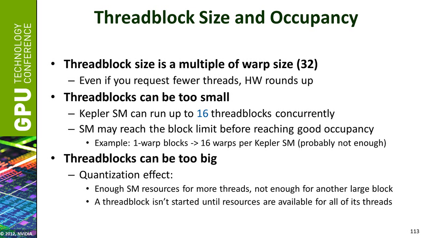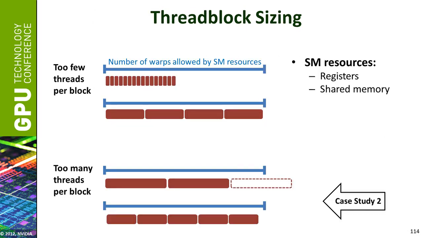So this is the case where your thread blocks might be too small. The blue line here shows the number of warps for which we have resources on the SM. As far as the SM is concerned, it has enough registers, enough warp slots, and enough shared memory to run this many warps. But we are launching very small thread blocks, let's say single-warp thread blocks, only 32 threads per thread block.